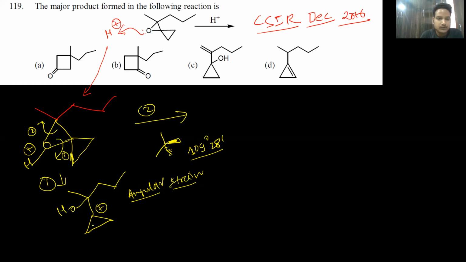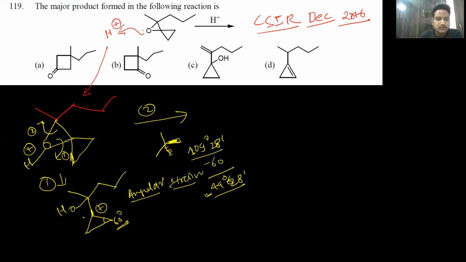So look at this molecule. The cyclopropane system has a 60 degree bond angle. If we subtract from 109 degrees 28 minutes, we get 49 degrees 28 minutes of angular strain. So this cyclopropane contains 49 degrees 28 minutes of angular strain, so it is very unstable. And second, we are making a positive charge here.